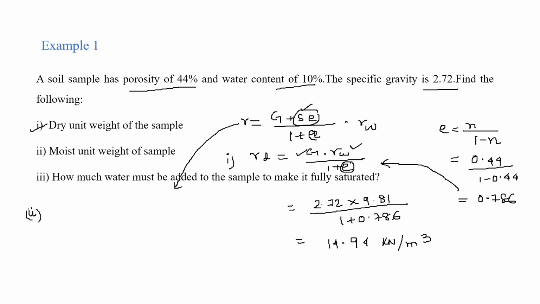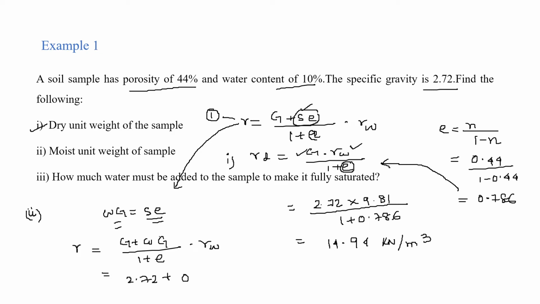Again, recalling the relationships, we can write w G equals S e, right? So we simply put S e as w G in the relation. So we get gamma equals (G plus w G) divided by (1 plus e), into the unit weight of water. Here w is the water content of the sample, which we already know is 10%. And G is given as 2.72.